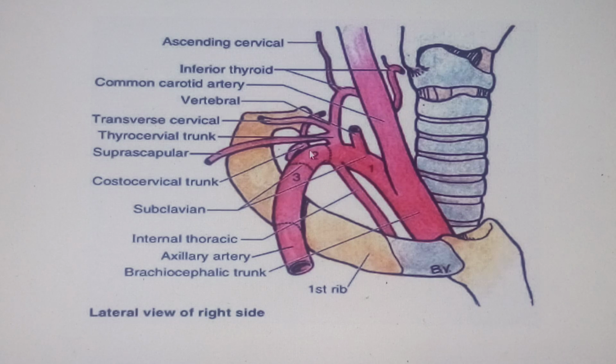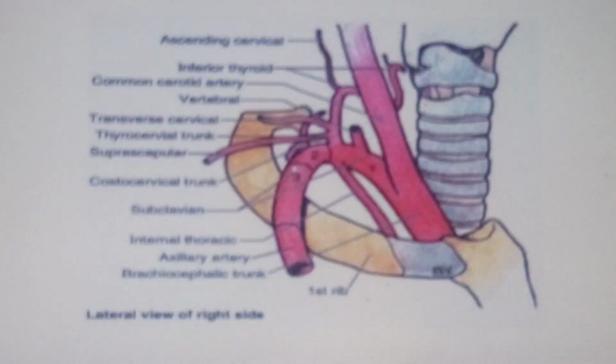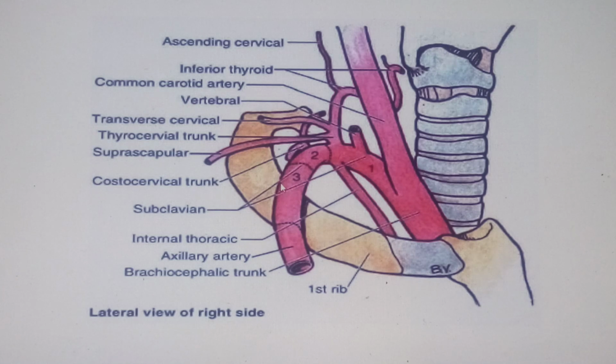Then the one which is deep to a muscle, the scalenus anterior or anterior scalene muscle, which runs superficial to the second part of the subclavian artery, and therefore we call the second part the deep part, or the retroscalene part, behind the scalenus anterior muscle. And then the third part being the lateral part, otherwise the postscalene part. So that is how we describe this subclavian artery.